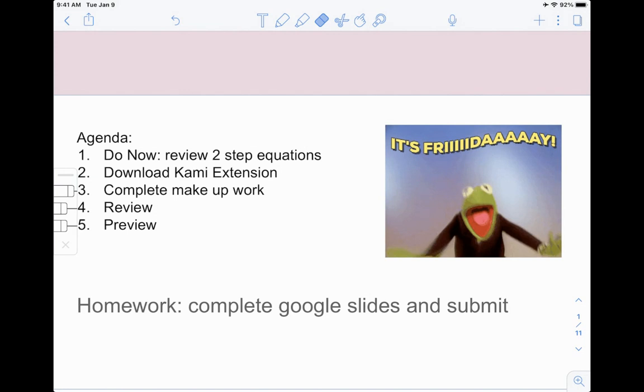That will be step 1. Step 2 will be to complete the review on the laws of exponents, and step 3 will be to complete the preview on exponents. So what you do not finish in class, I'm going to ask you to complete on the Google Slides and submit for homework.